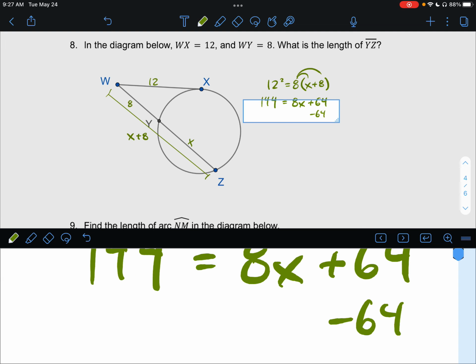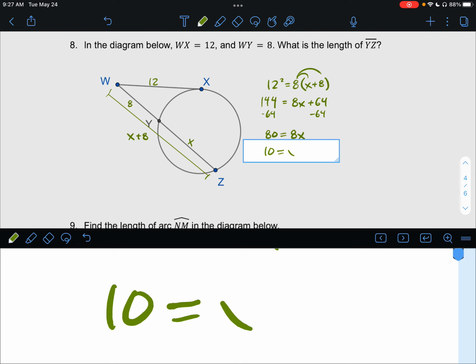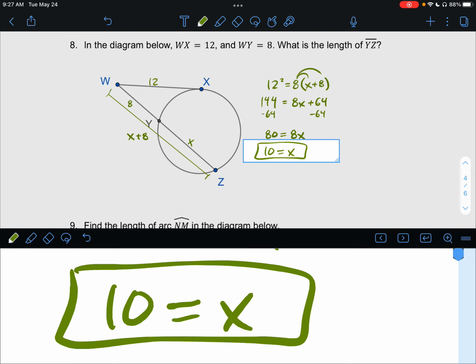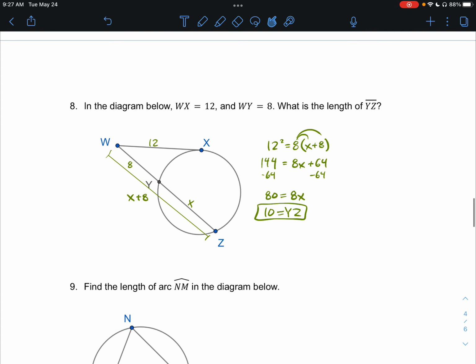Subtract 64 from both sides, 8x equals 80, and divide both sides by 8 to get x is 10. Or, YZ is 10. And that's our answer. That's all we had to find.